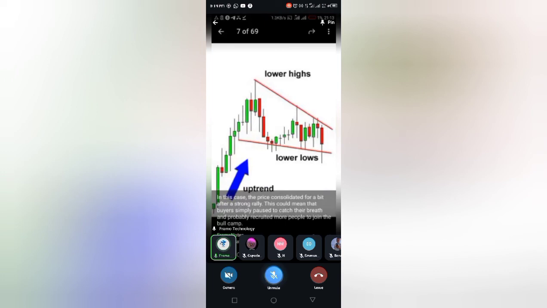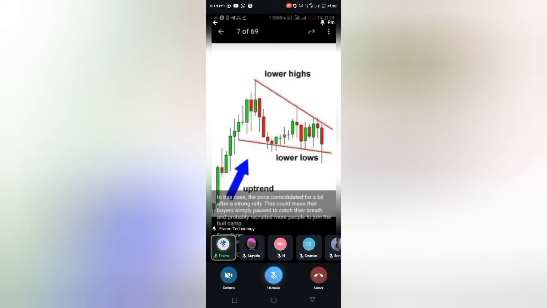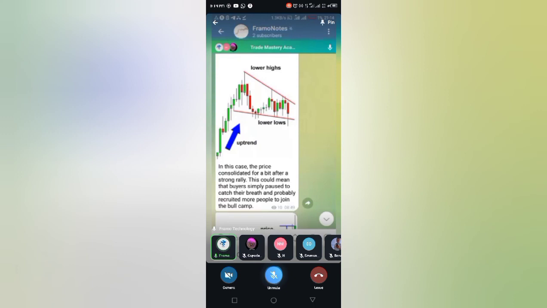After drawing that line perfectly, it will give you the type of pattern that particular asset has formed. Then you visit your memory: if this pattern is a rising wedge, then what does it mean? Then it will tell you the type of opportunity you should be looking for.